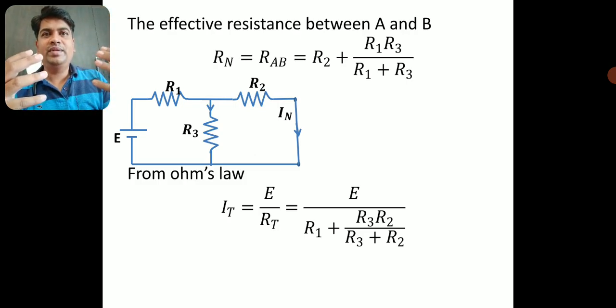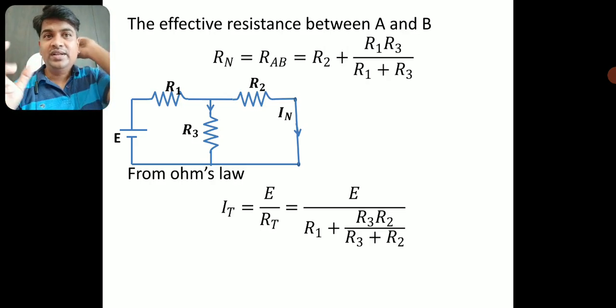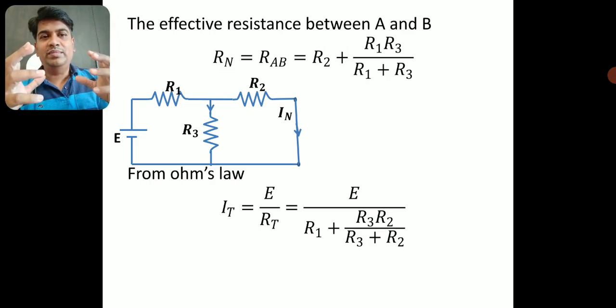Total EMF will be only the EMF of the battery, and total resistance would be the effective resistance of all this. The current coming from the battery will go through R1.